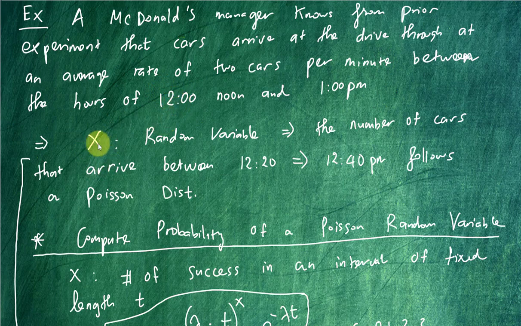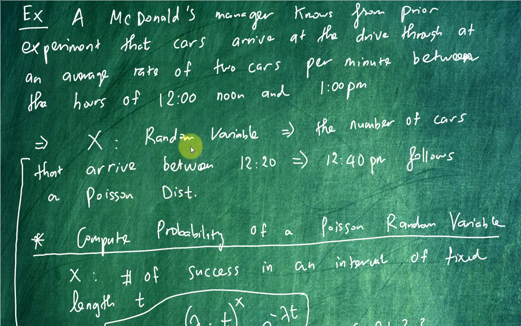Now we let x be the random variable. This is the number of cars that arrive between maybe 12:20 and 12:40. And this event would follow a Poisson distribution.